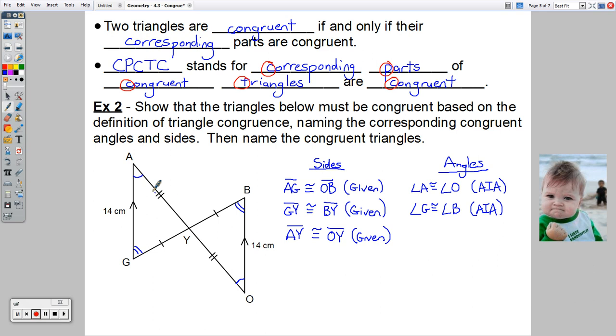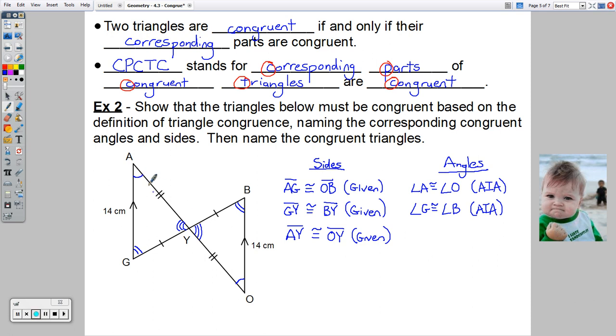And then we have to have all 6 parts, so we're missing this angle, but these two, very nice, are vertical angles. So this one would also be congruent to this one. I can't just use one letter here. Before it was clear that A could only represent this angle.